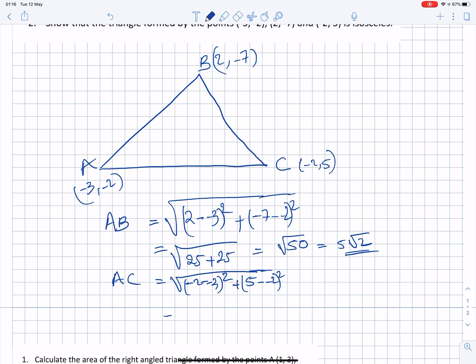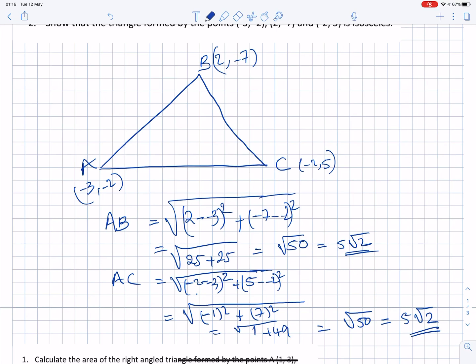That gives you the square root of negative 2 minus negative 3, so that will be negative 1 squared, plus 5 minus 2, that's 3... that's 7 squared, which will be the square root of 1 plus 49, which is going to be the square root of 50, which again is 5 root 2.